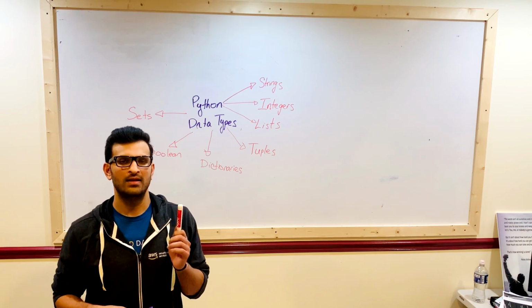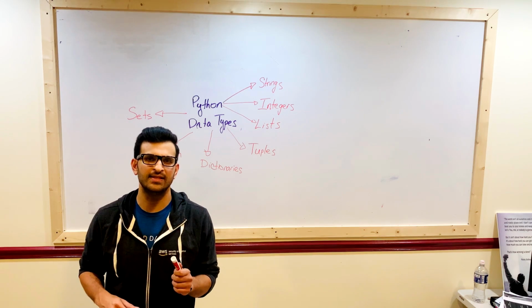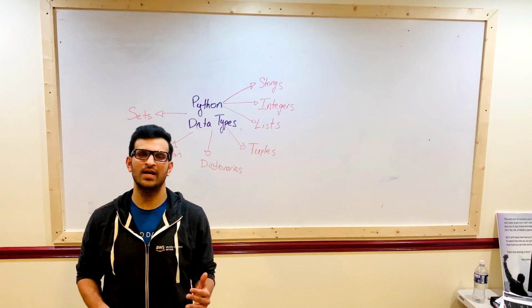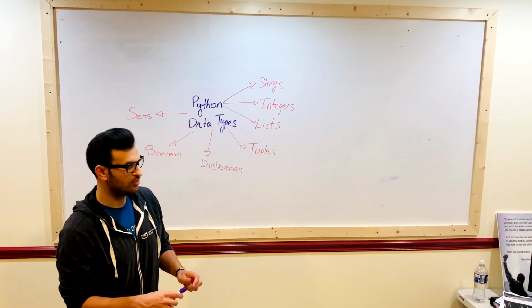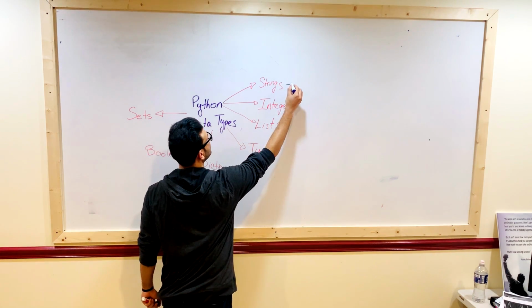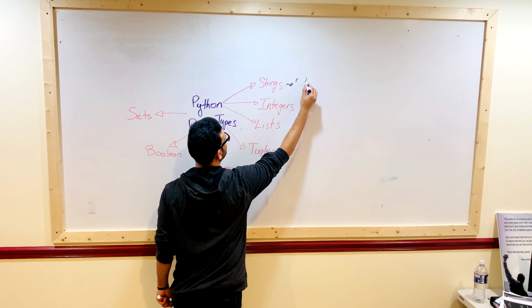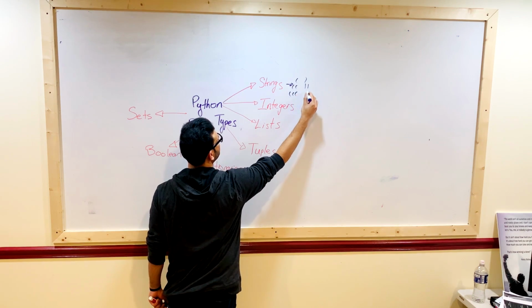Now, really quickly, let's talk about what separates these from each other. So when we see them, we can say, okay, this is a string, or okay, this is a list. So strings are defined by either single quotes, double quotes, or triple quotes.